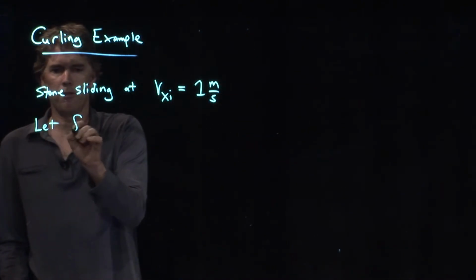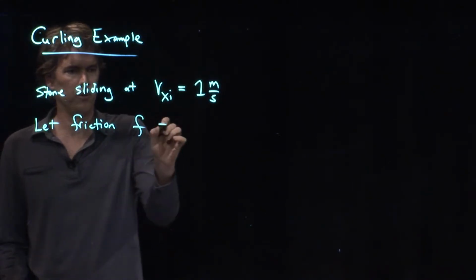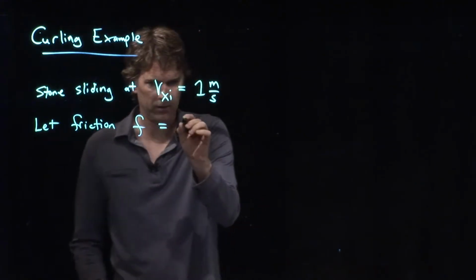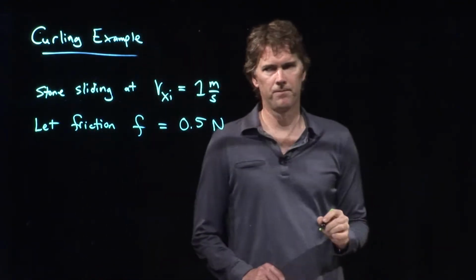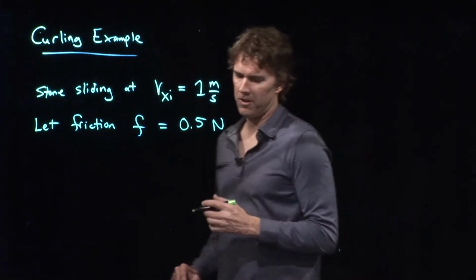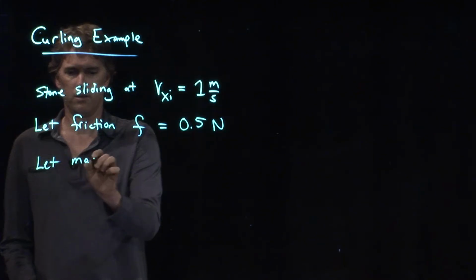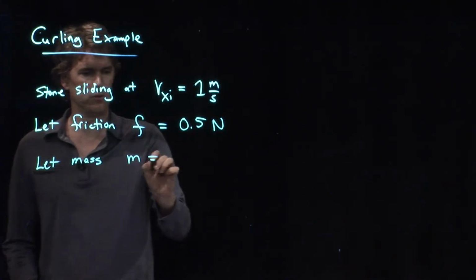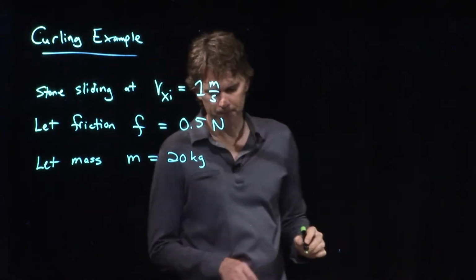And let's say that our friction force is going to be 0.5 newtons. And we, of course, have a mass of the stone, which is about 20 kilograms. I think that's about right, somewhere in that nature.